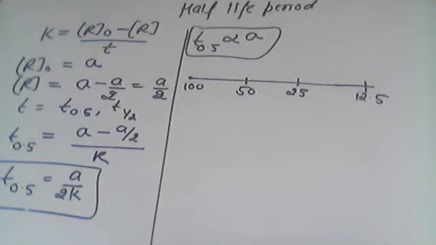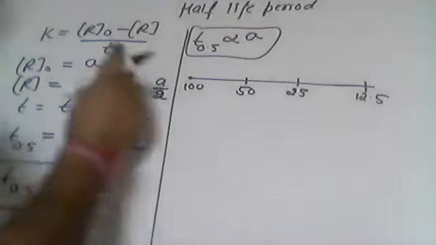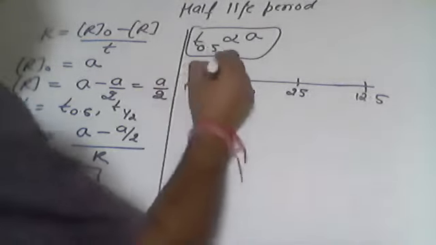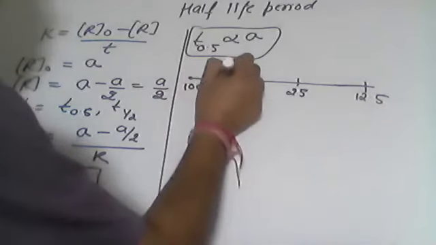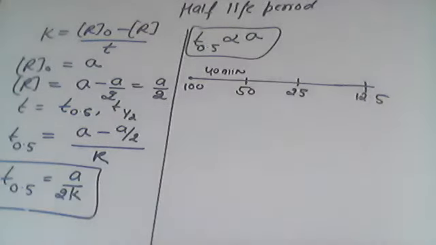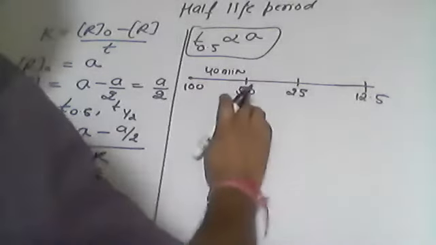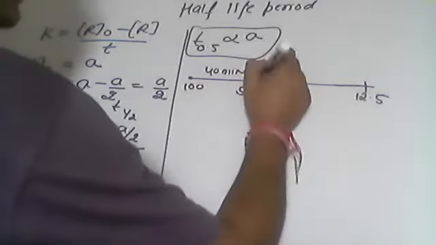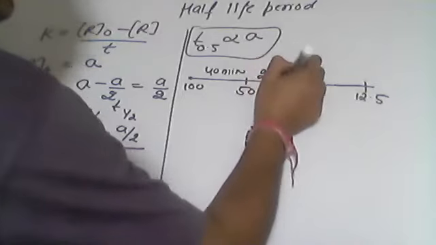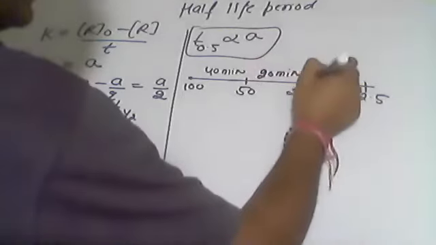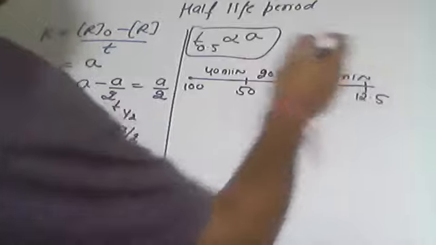If the initial concentration decreases, then the half-life period will also decrease. Suppose it takes 40 minutes to go from 100 to 50. If it is a zero order reaction, from 50 to 25 it will take 20 minutes, and from 25 to 12.5 it can take 10 minutes.